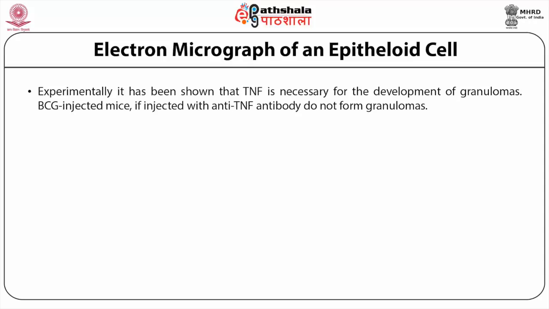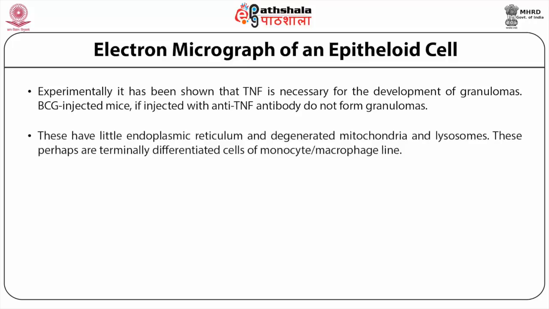Giant cells are multinucleate cells, sometimes called Langerhans giant cells. These have little endoplasmic reticulum and degenerated mitochondria and lysosomes. These perhaps are terminally differentiated cells of the monocyte macrophage line.